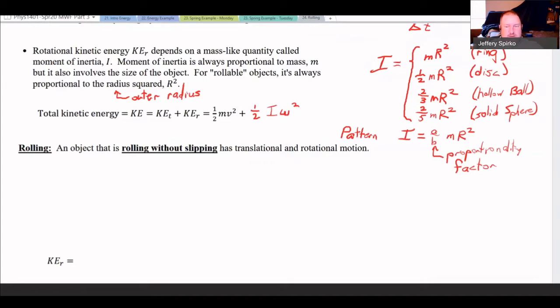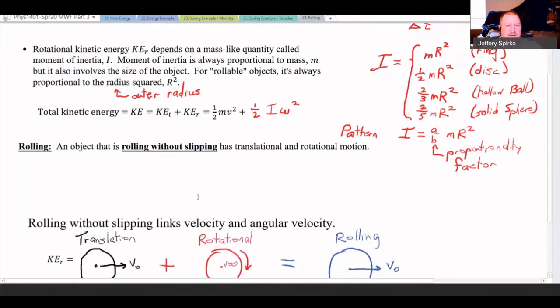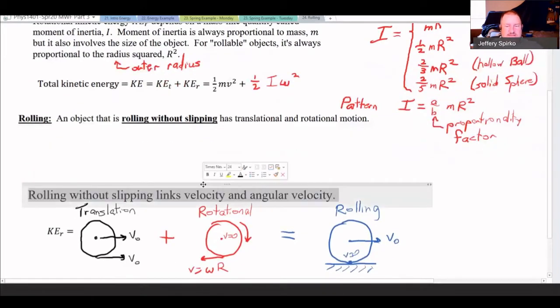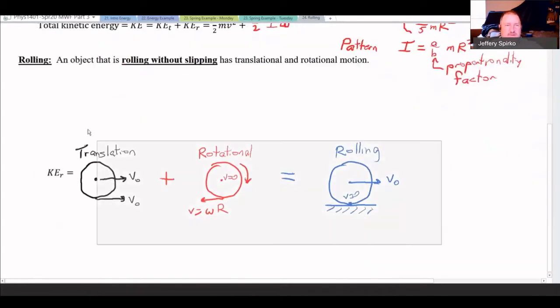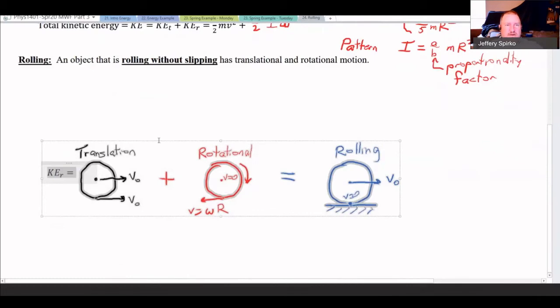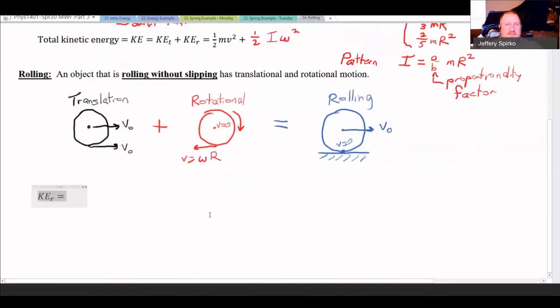All right, copy to the clipboard and paste. And I don't need that text anymore. And I want these to go up here. Come on. And that guy's going to stay down there.